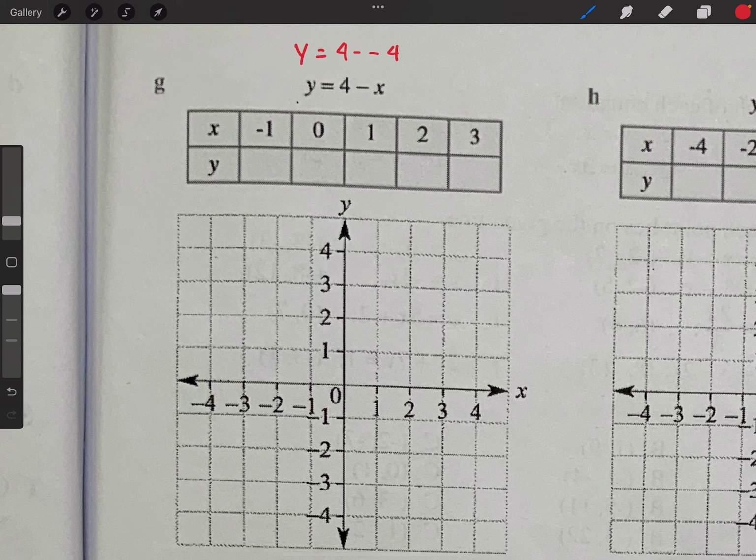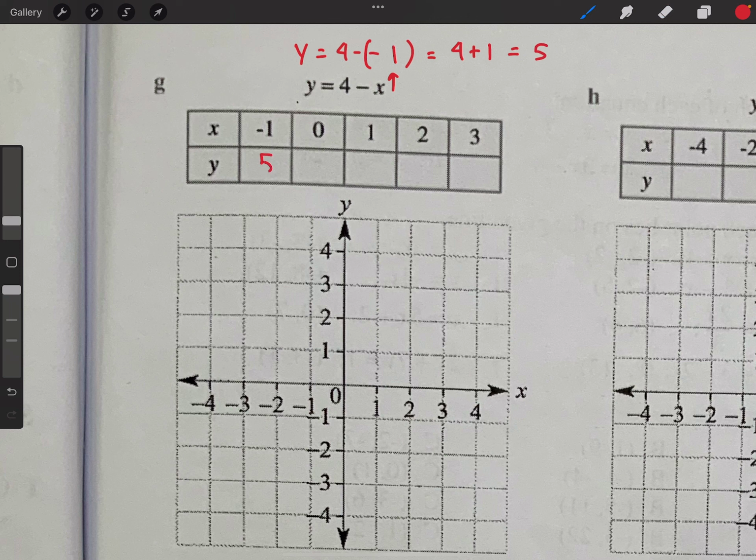I'm going to put a bracket so you can see clearly that that's x right there. Minus a minus becomes a plus. Oh, why did I put minus 4? Sorry. That should be minus 1. So that means 4 plus 1 equals 5. So that should be a 5.